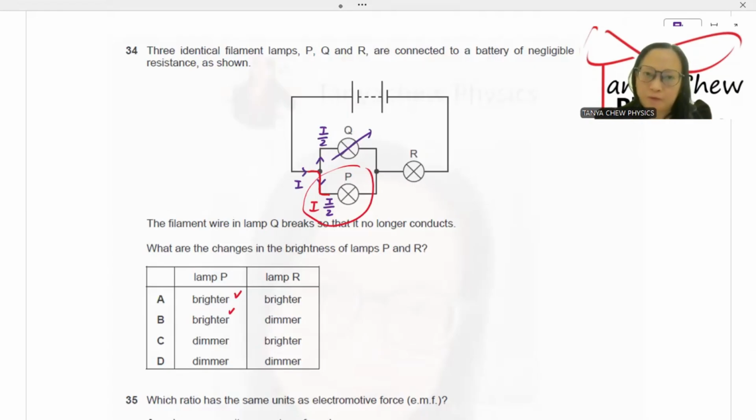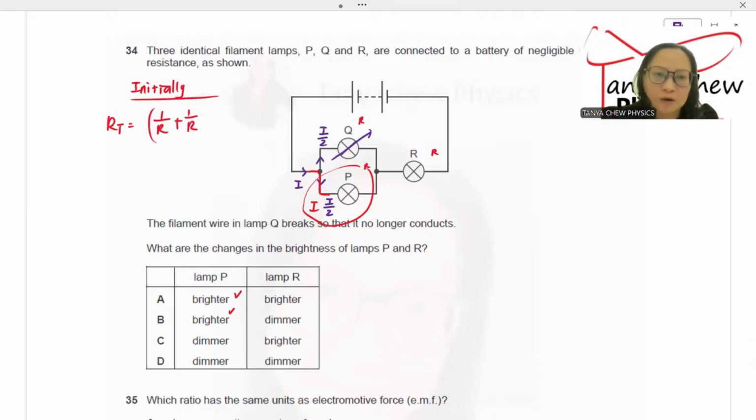Let me put this as R, R, and R. Initially, before Q breaks, the total resistance is, between Q and P, 1 over R plus 1 over R, plus R. So that is 2 over R, so R over 2, plus R. Could you see that? So it is 3R over 2.